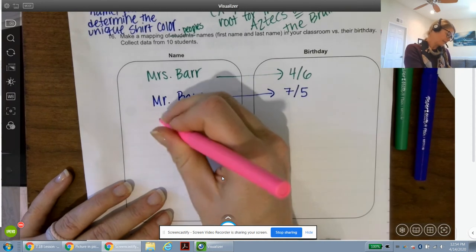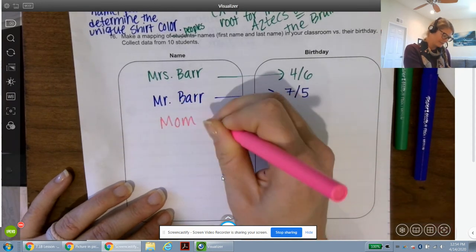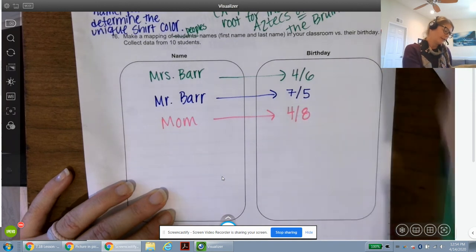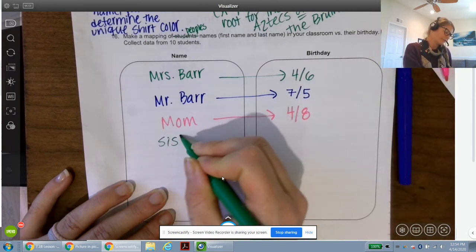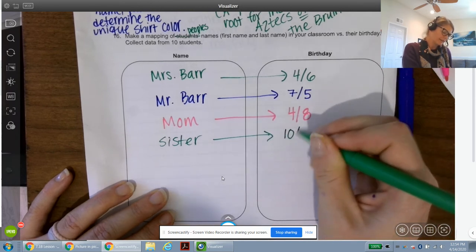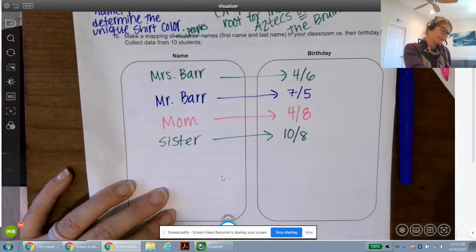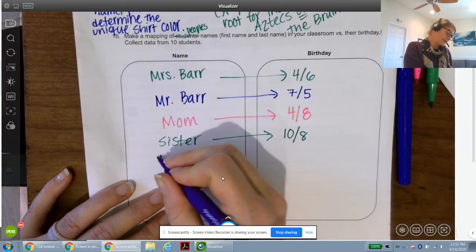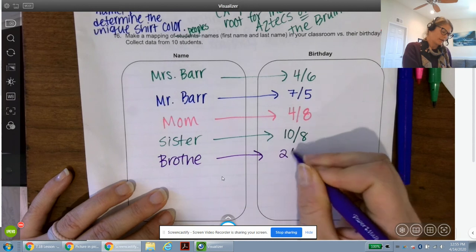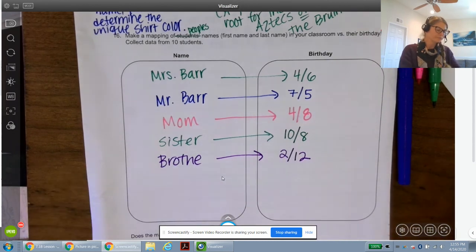And my mom, birthday is 4-8. And my sister, her birthday is 10-8. And my brother, his birthday is 2-12.